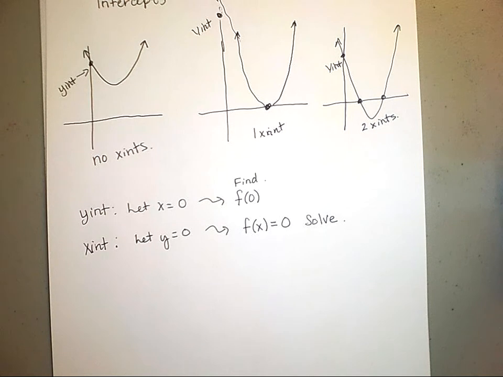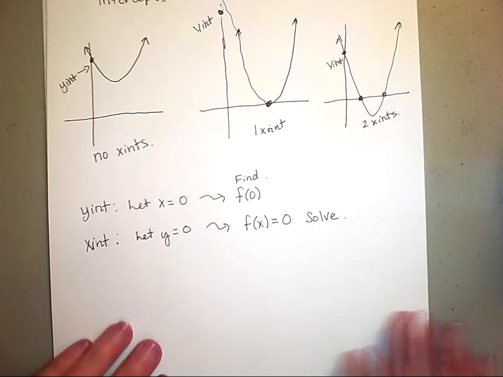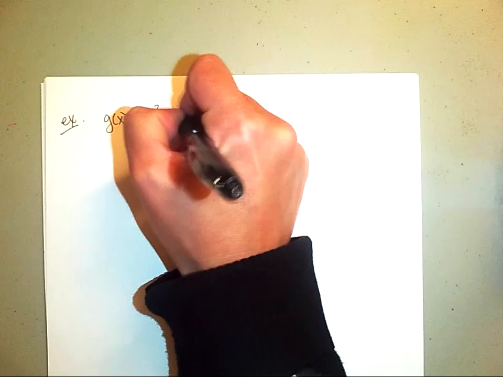Okay, so what should we do here? Well, I guess we can do the one we've been doing all along. For example, with our g of x, that was x squared minus 6x plus 13.